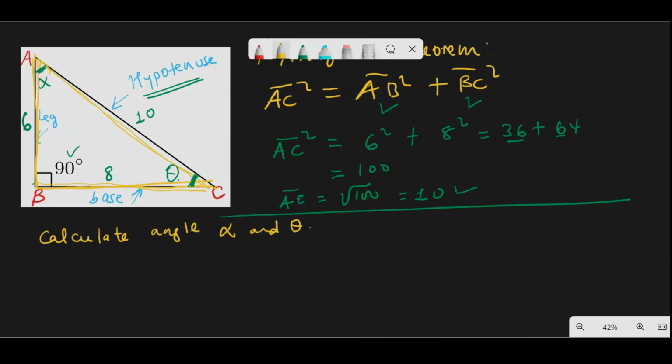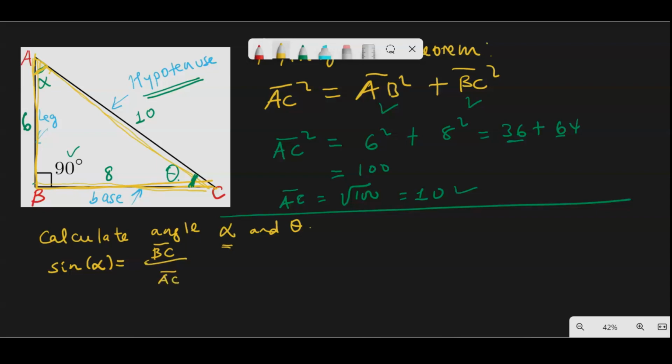Alright, next, let's calculate angle alpha and theta. We're going to use trigonometric functions to find them. Okay, let's find angle alpha. Sine of angle alpha must be equal to the opposite side of angle alpha, which is BC, divided by the hypotenuse, which is AC.